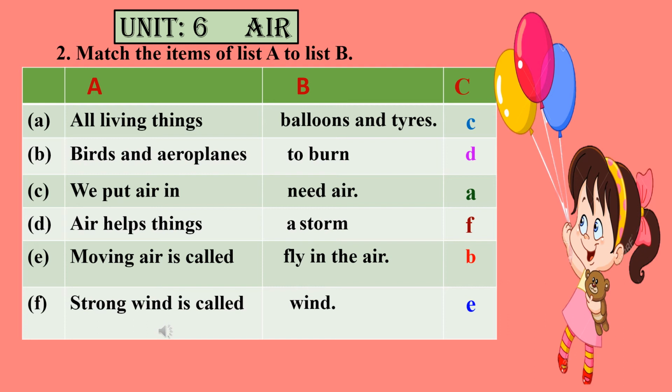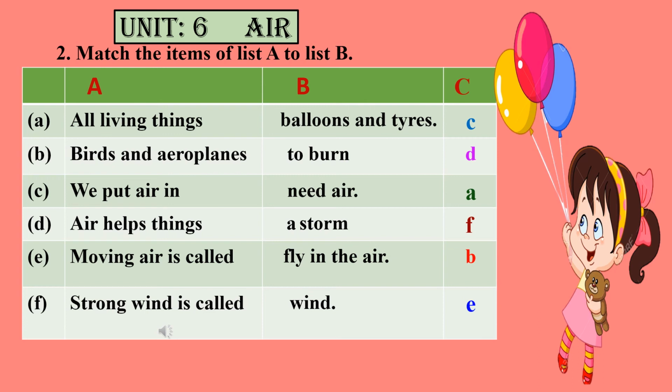Birds and aeroplanes, yes, fly in the air. Birds and aeroplanes fly in the air is the answer, the other half of B. Okay, so you have to write B here in front of that, fly in the air.